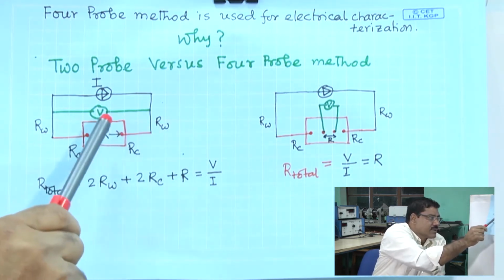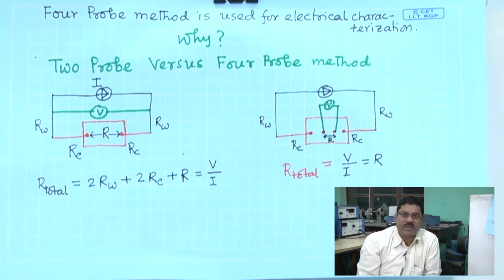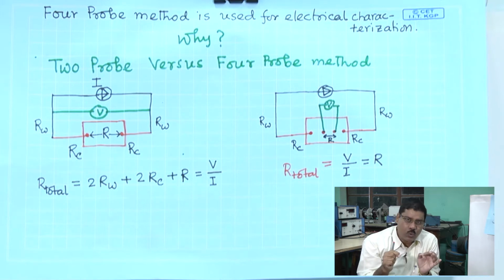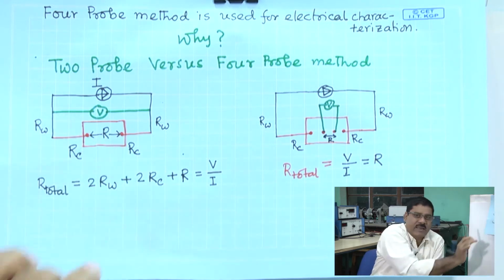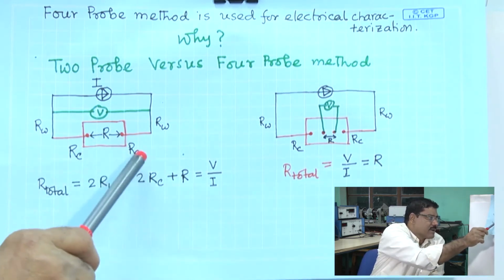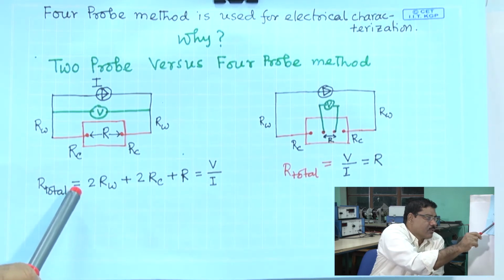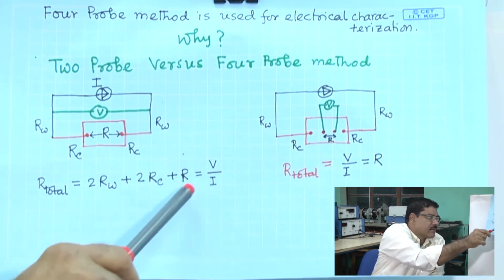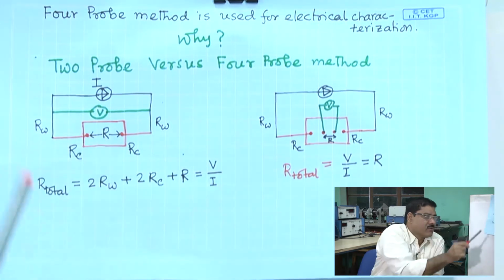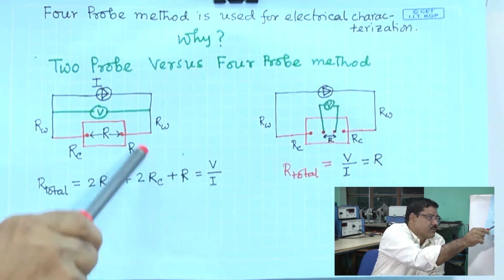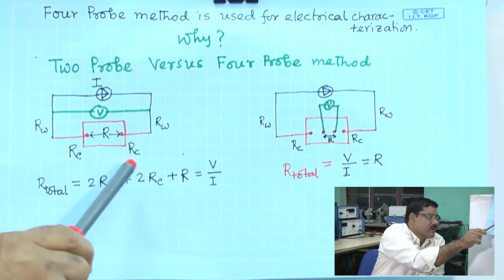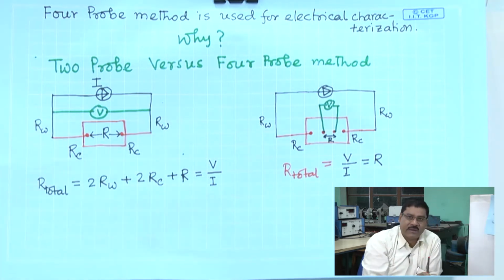This is generally called the two probe method, meaning we are using two contacts for the electrical measurement. In this measurement we cannot get only the R value; we get it along with the contact and wire resistance.